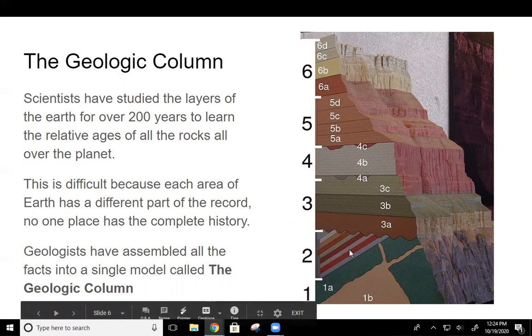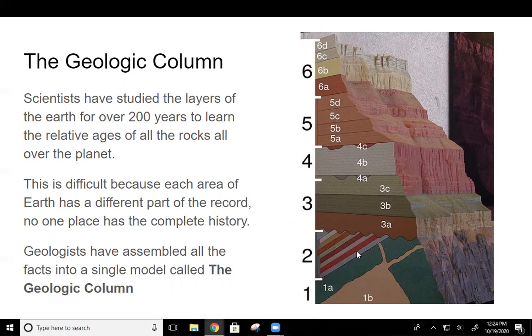So these layers were formed horizontal originally, but because of the movement of the tectonic plates and so forth, they have shifted and been bent and deformed. All right? So that's what happens there.